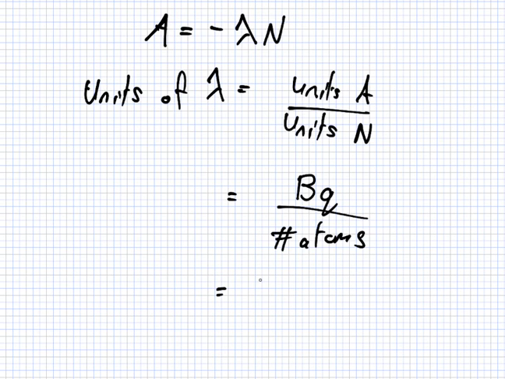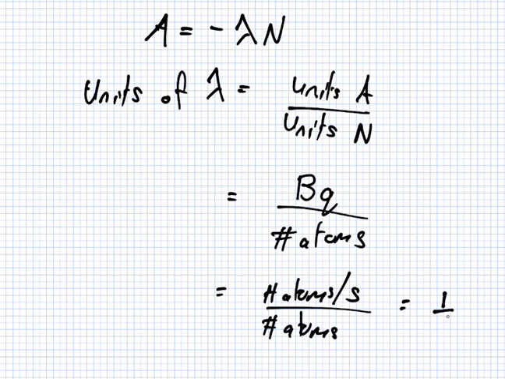So Bq is the same as atoms per second. Can you see that? So one Bq is one atom per second. So here I have number of atoms per second over number of atoms. So number of atoms cancels, and I'm just left with 1 over s.